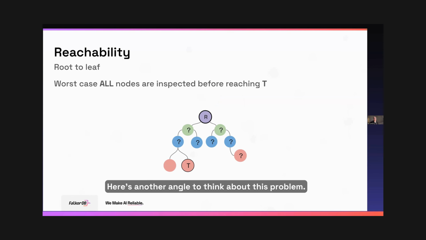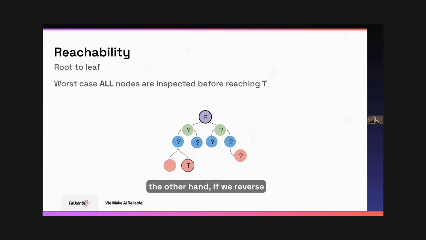Here's another angle to think about this problem. Let's suppose that I have a binary tree where each node has exactly 2 children. And we want to find the path connecting the root to some leaf node. If we start at the root node and try to find the target, depending on our traversal strategy, let's say we're doing depth first search and we always go to the right, then in the worst case, depending on the positioning, we might be visiting every single edge in the tree before we reach our target leaf.